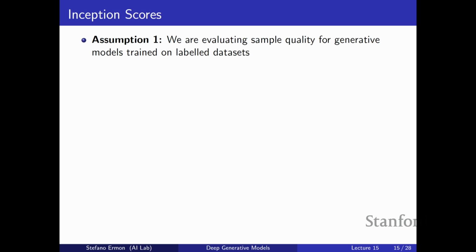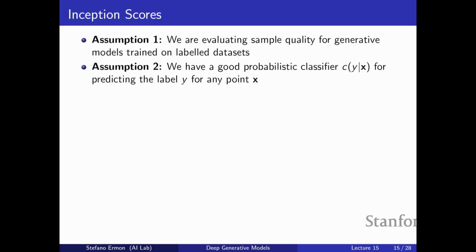So the Inception score is something you can use when you're working on labeled datasets. If you're in a setting where the images have associated labels, then what you can do is try to predict the labels on synthetic samples, and you can check what kind of distributions over the labels you get on synthetic samples versus real samples.